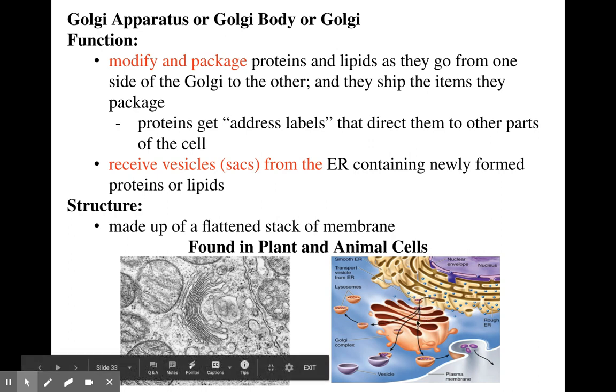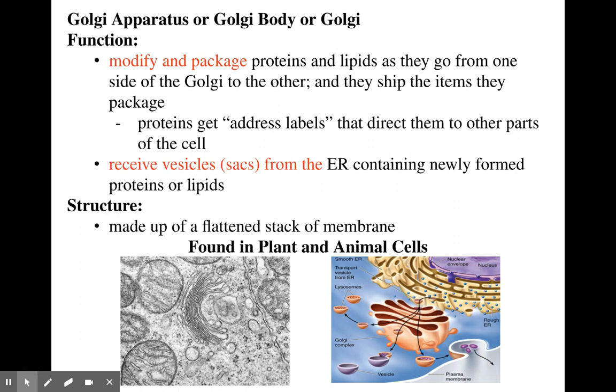The Golgi repackages it into a different vesicle, or at least puts something on the outside like a label, and then sends off a new vesicle with that thing inside. That thing inside either is going to stay inside the cell, like it's going to become a lysosome, or that vesicle is going to go to the plasma membrane, and whatever protein was made is going to get released from the cell. So it has various jobs there.